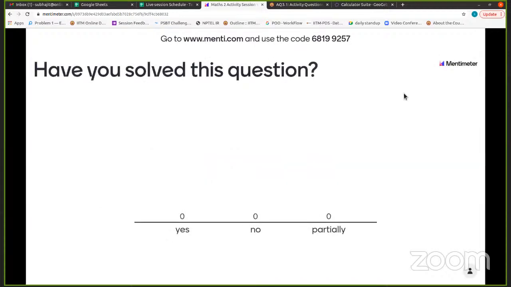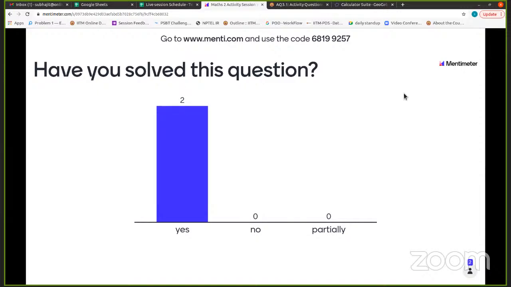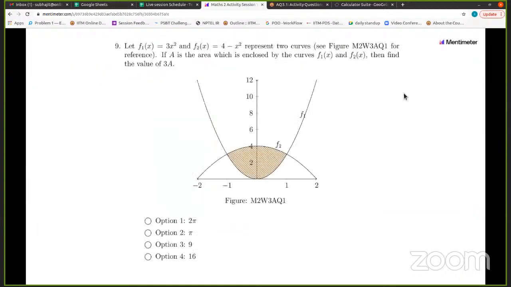Have you solved this question? I think most of you have solved this. So this is the last problem of this session.